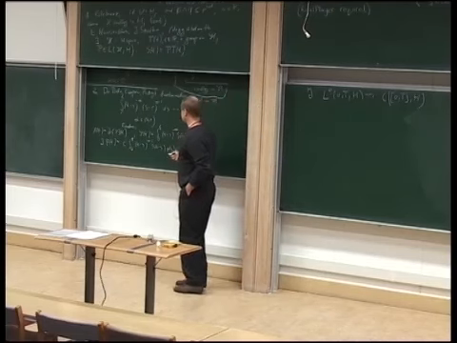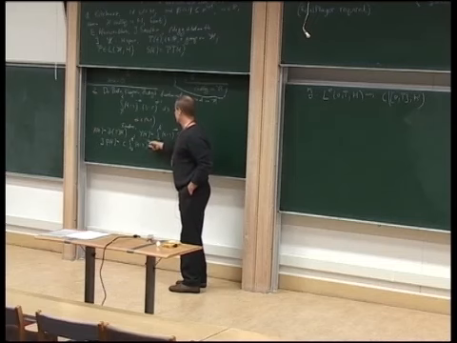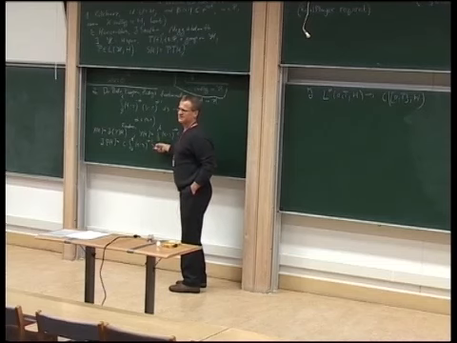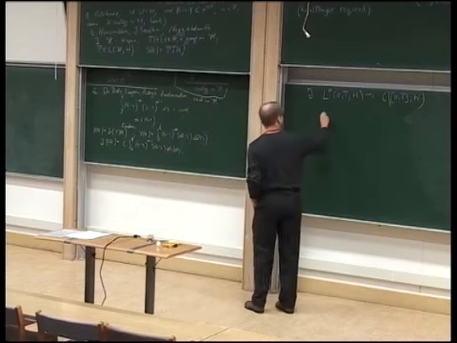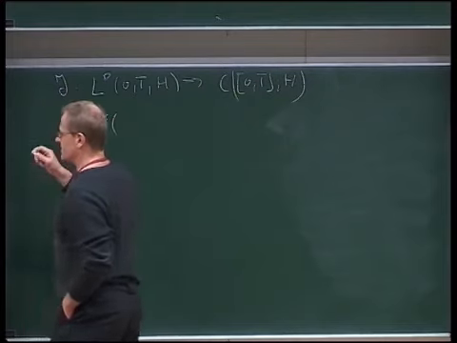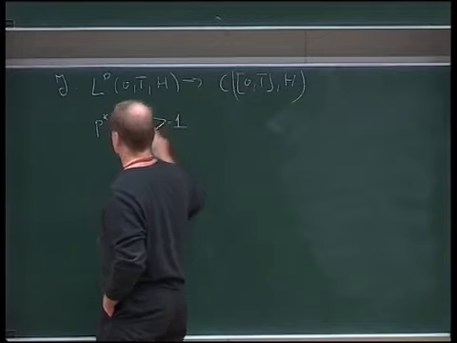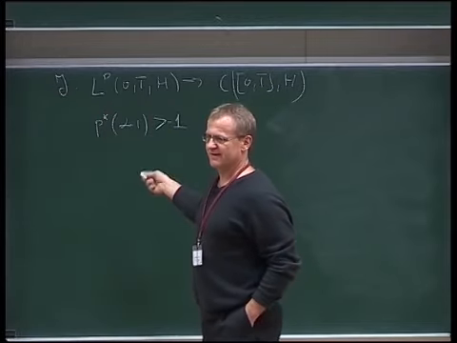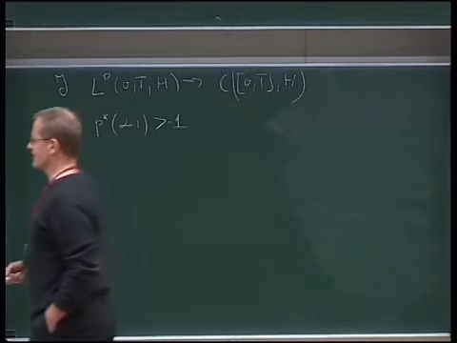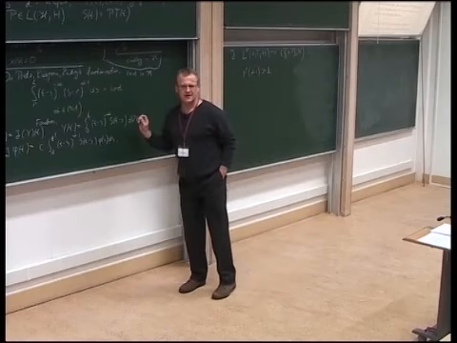What is the condition for p? Of course, we would like to use the Hölder inequality. So the condition is that p*, the adjoint, times (alpha minus 1) is bigger than minus 1. If we have this, we can use Hölder, and it is not difficult to show that.